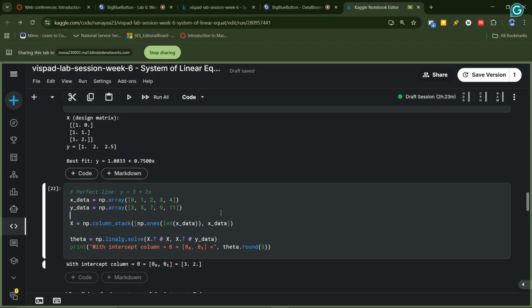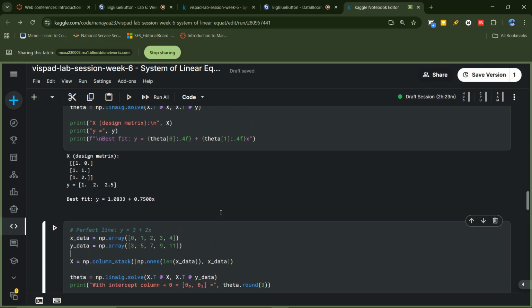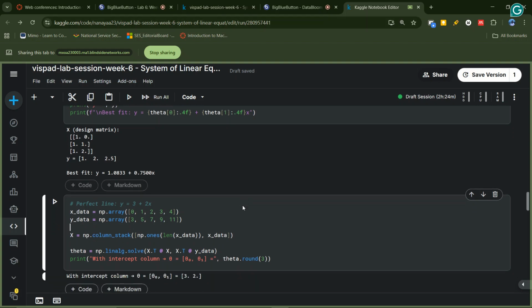Now we have this. Please follow so that you don't get confused. First of all, remember what I said, that for the x, if we have x, we try to introduce a column of all ones, which is the intercept term.